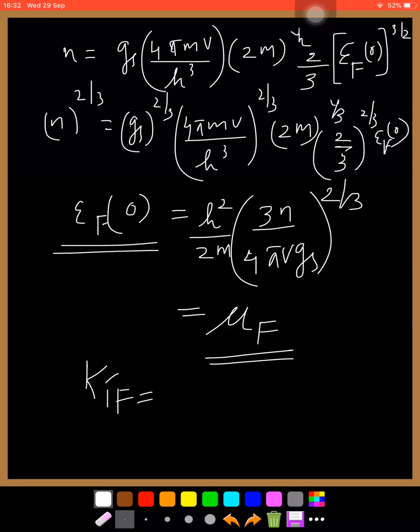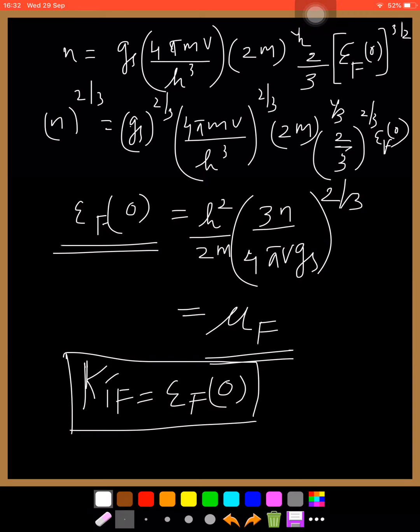K TF is equal to EF0. ടെമ്പറേച്ചർ ഇക്വലൻ്റ് കാൽക്കുലേറ്റ് ചെയ്യണമെങ്കിൽ ടെമ്പറേച്ചറിനെ എനർജിയുടെ ടേംസിലേക്ക് കൊണ്ടുവരിക. ടെമ്പറേച്ചറിനെ എനർജിയുടെ ഡയമെൻഷനിലേക്ക് ആക്കണമെങ്കിൽ വി ഷുഡ് മൾട്ടിപ്ലൈ ഇറ്റ് ബൈ ദ ബോൾട്സ്മാൻ ഫാക്ടർ K into TF. ഫെർമി ടെമ്പറേച്ചർ ആയതുകൊണ്ട് TF, K into TF ഈസ് ഈക്വൽ ടു EF0. അപ്പോൾ എനർജിയുടെ ടെമ്പറേച്ചർ ഇക്വലൻ്റ് കിട്ടും. ഫെർമി എനർജിയുടെ ടെമ്പറേച്ചർ ഇക്വലൻ്റ് അതാണ് TF എന്ന് പറയുന്നത്. TF ഇസ് EF0 ഡിവൈഡഡ് ബൈ K.